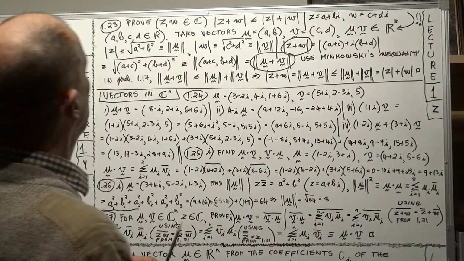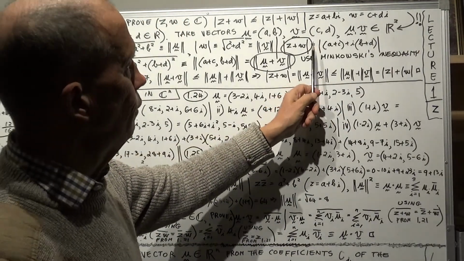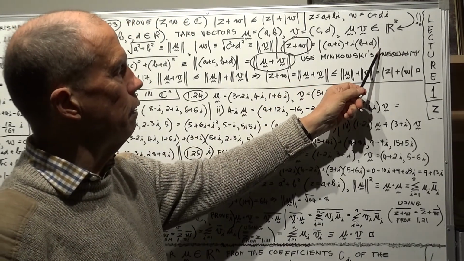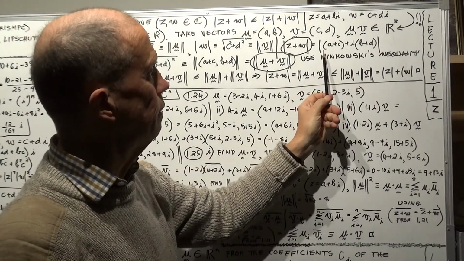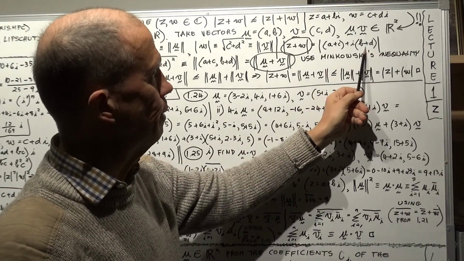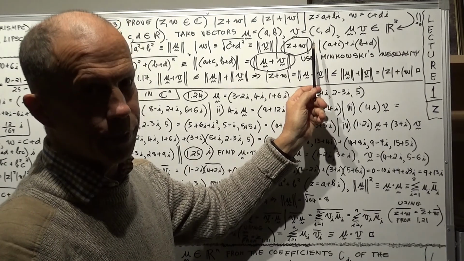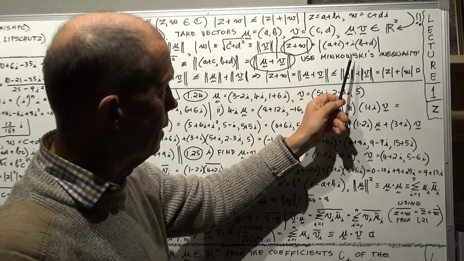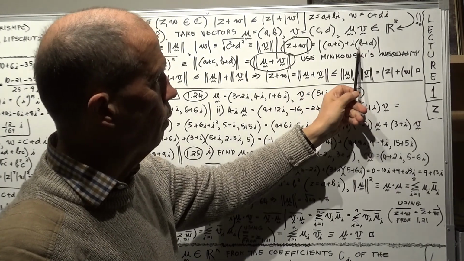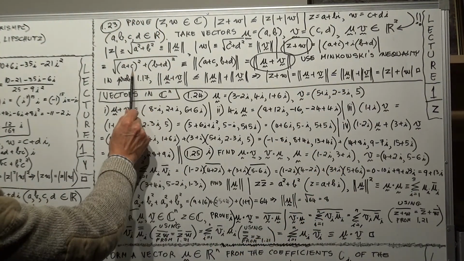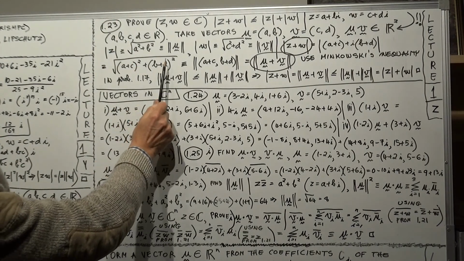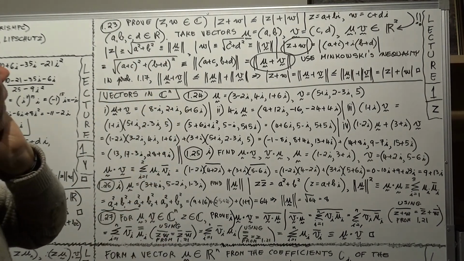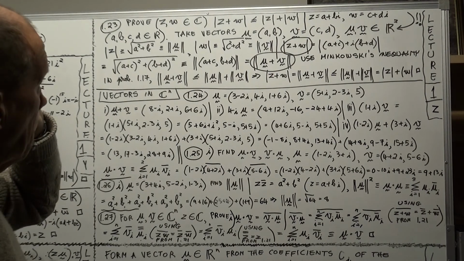Now, the definition of the mod of a complex number, that's the real part, that's the complex part. Now, the mod of it is, remember, the square root of the real part squared plus the square of the complex part. So it'll be the square root of a plus c squared plus b plus d squared, the whole thing.